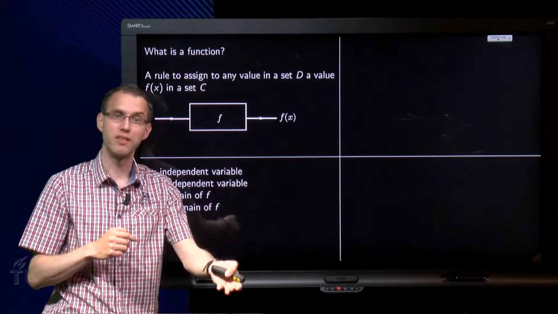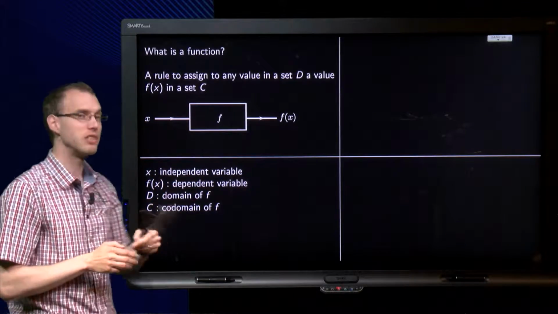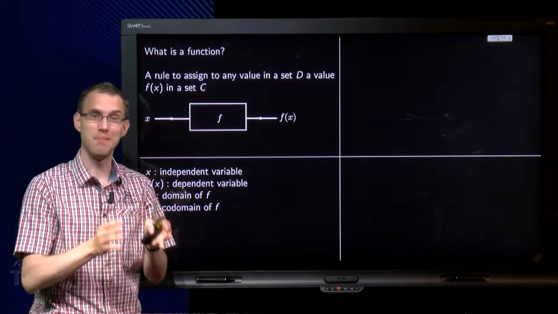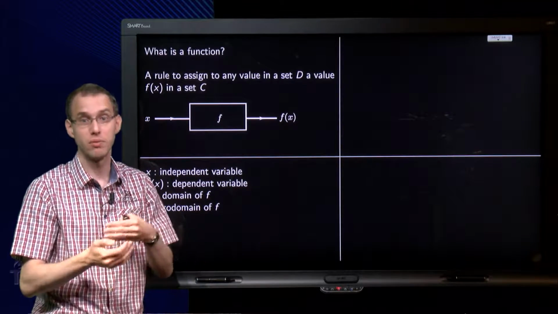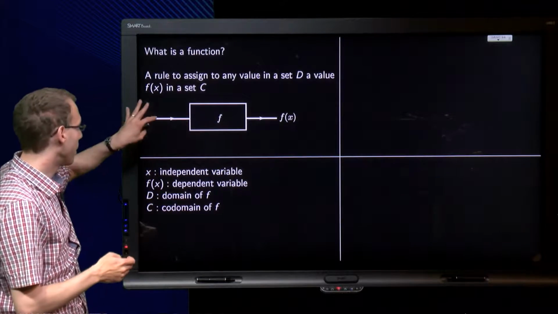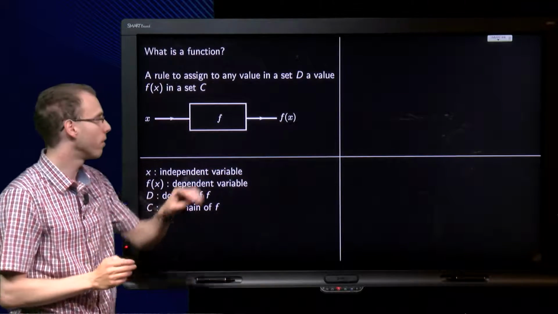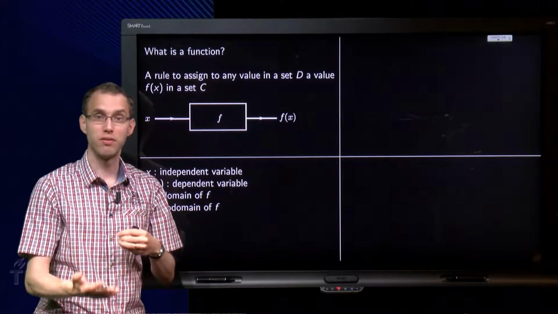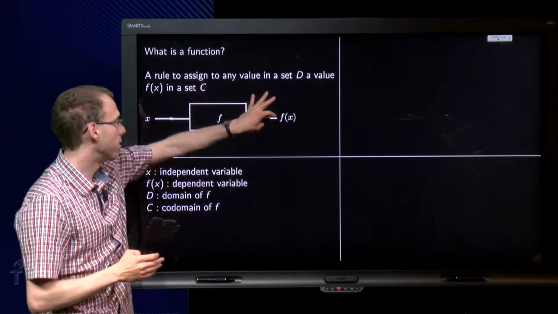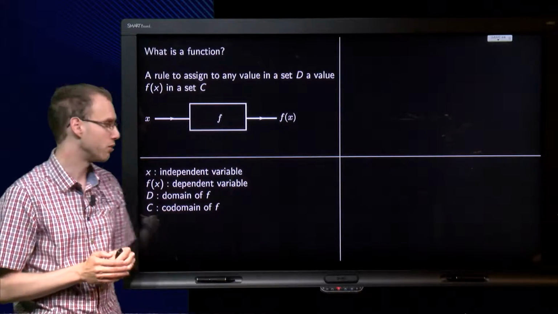And since f of x is given, this f of x is called the dependent variable. It depends on x, so that's where the name comes from. On the input side you have the independent variable or variables, maybe more. Here you have the dependent variable or dependent variables, there may be more here as well.